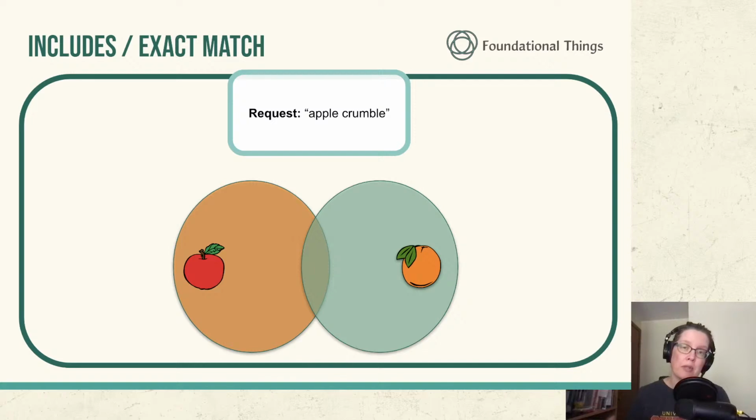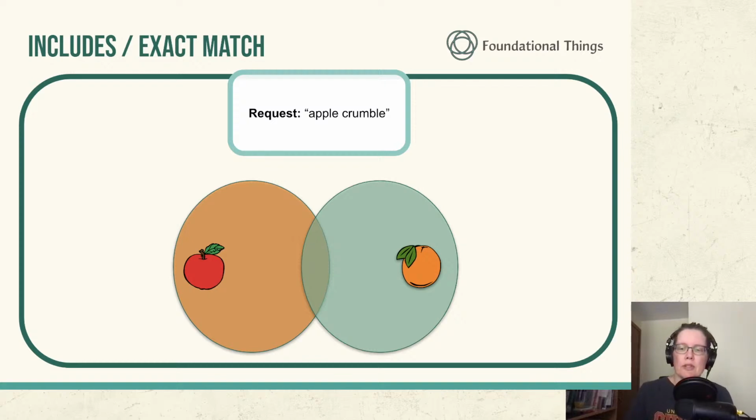Apple crumble with quotation marks around it is looking specifically for those two words being together, the exact match of apple being right next to crumble. And if it doesn't have apple crumble, then our final result shouldn't be including it.